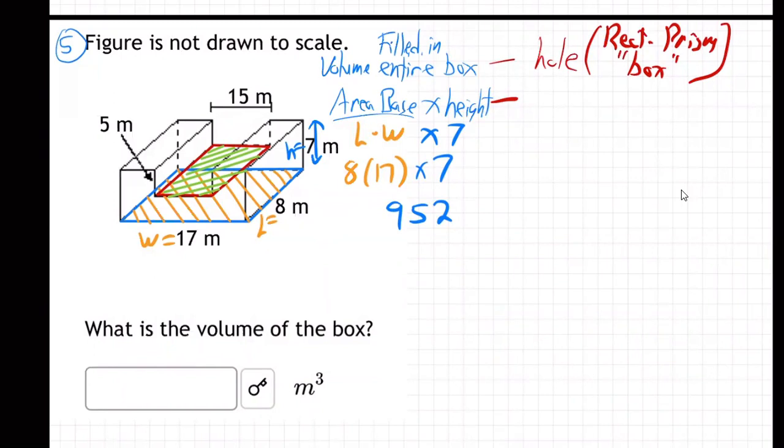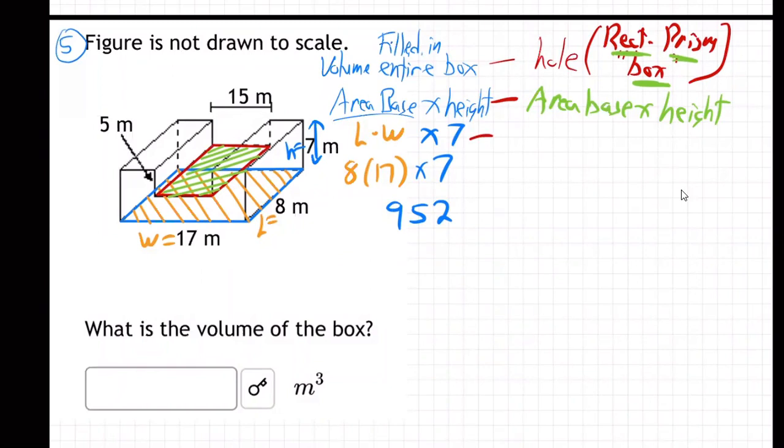So again, how do you find the volume of a prism, a box, a rectangular prism? You got to take the area of the base times the height, right? That's how you fill up a prism. So how are we going to do that? Well, what's the area of the base?